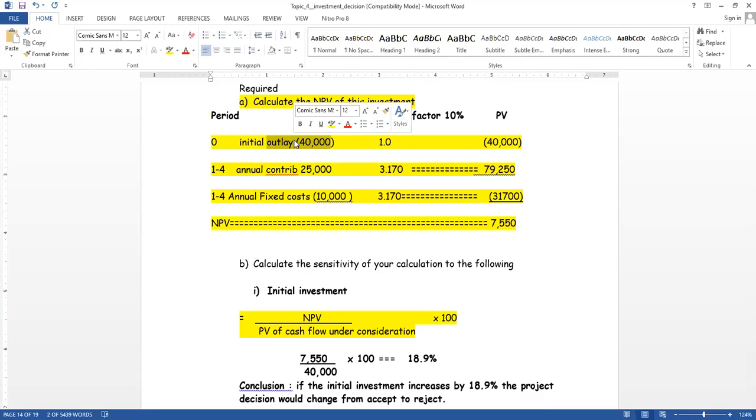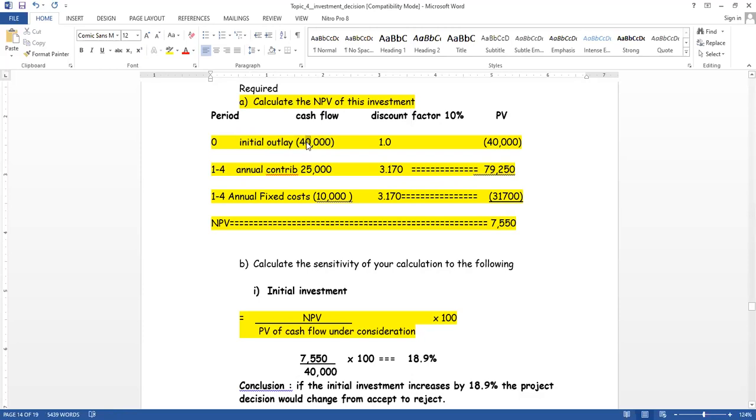So what would be, so if I get 18.9 times 40, the increment would be what? 7,560. So the total here would be 47.